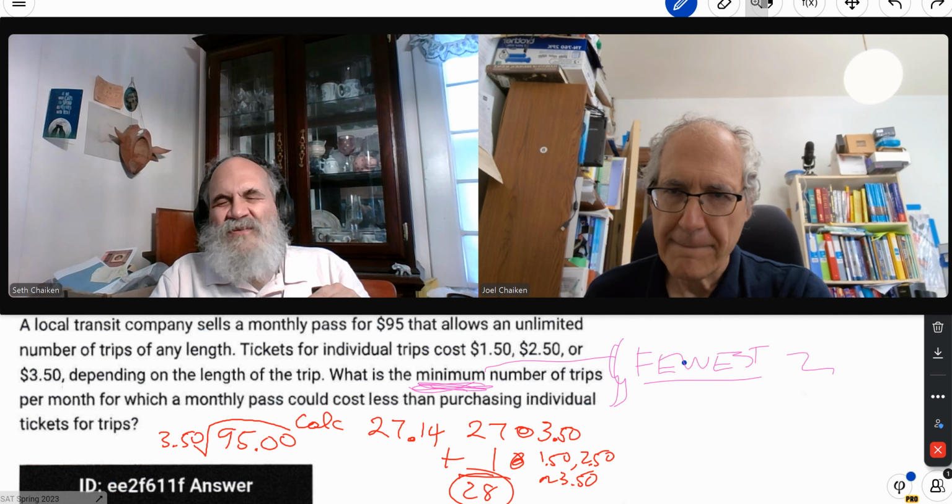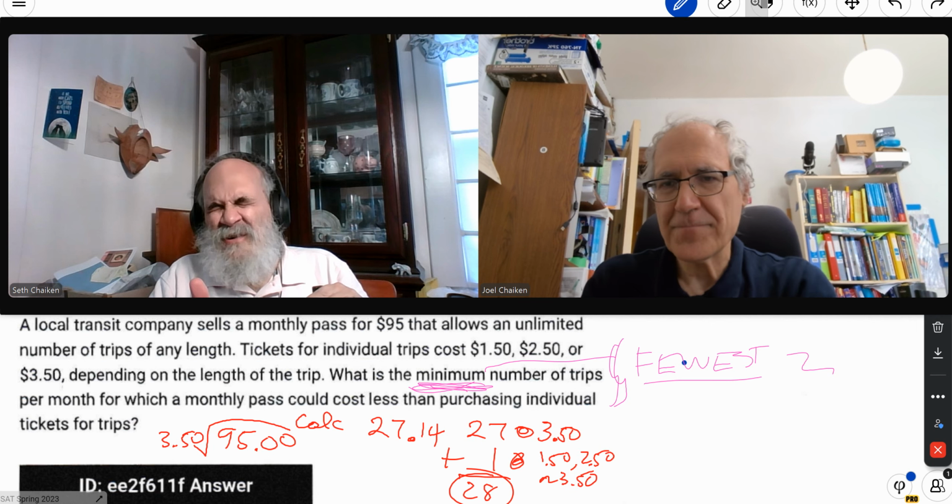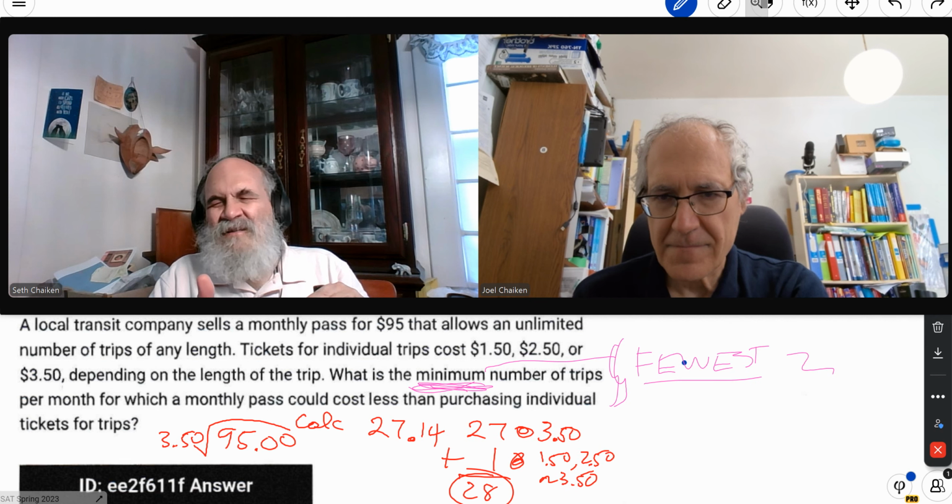You have to know whether it's exactly an integer, or whether it's a fractional quantity greater than an integer. If it's an integer, then the integer you get is the answer.